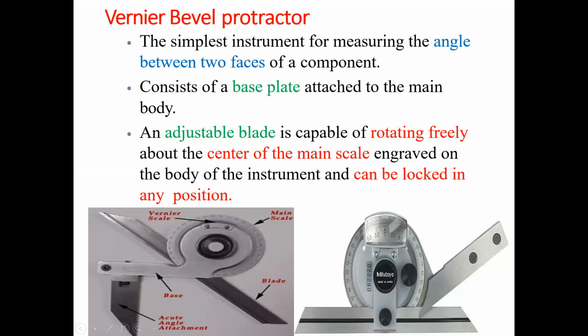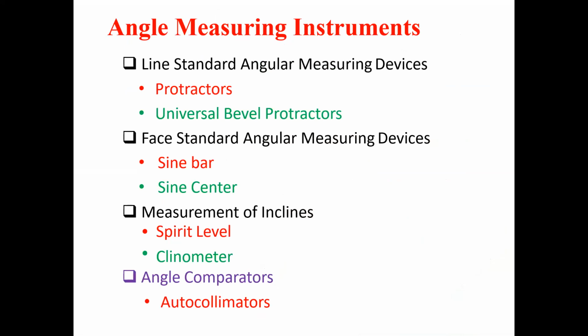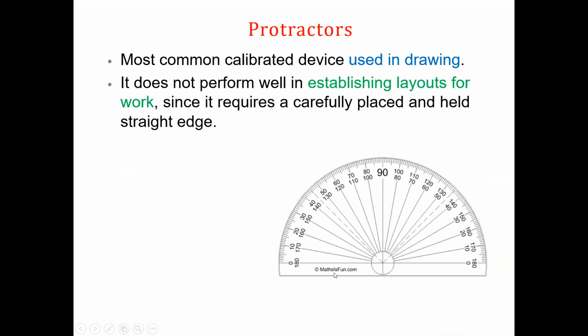Different types of angular measurements are there. Angular measuring instruments are protractor, unit scope, bevel protractor, sine bar, sine center, spirit level meter, angular comparator, autocollimator. We discussed it. This is the form protractor used in our practice. It always requires a reference surface or base edge in order to measure the angle.